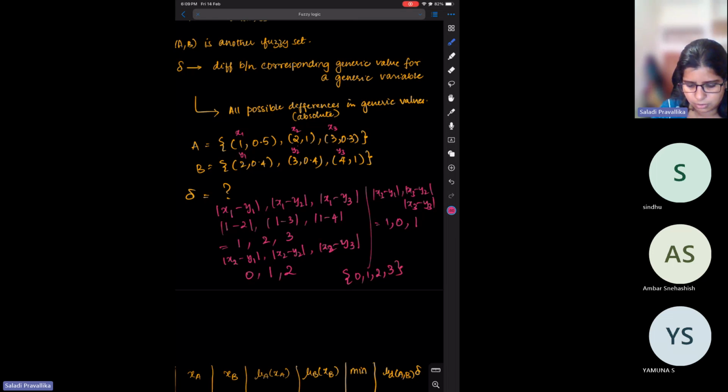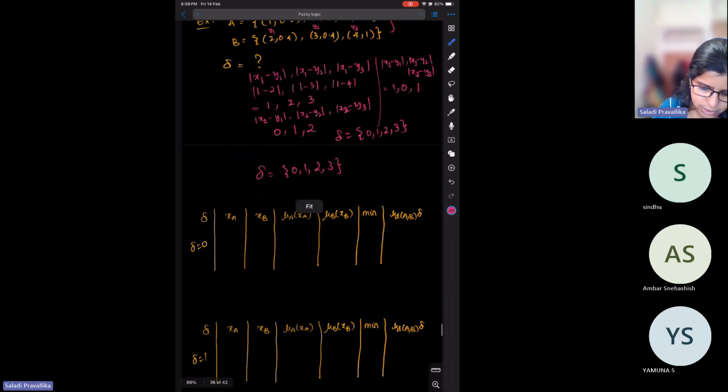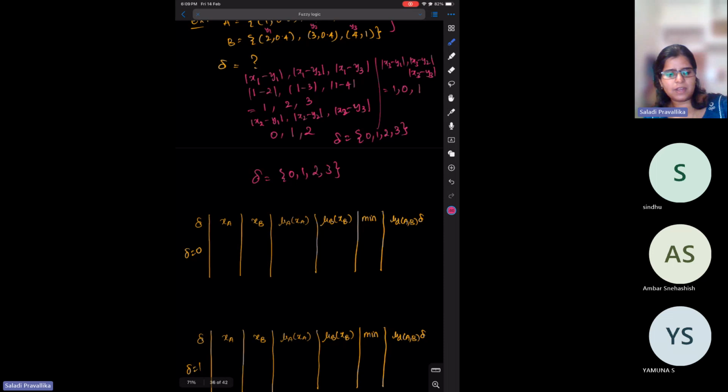That's it, right? So these are our delta values, all the possible delta values for given two fuzzy sets. Okay, so the first step in finding the distances between two fuzzy sets is essentially going to be to find delta. Okay, so now we have all the delta values. Let's write delta 0, 1, 2, and 3. Right. So now let us find how to calculate the distance.